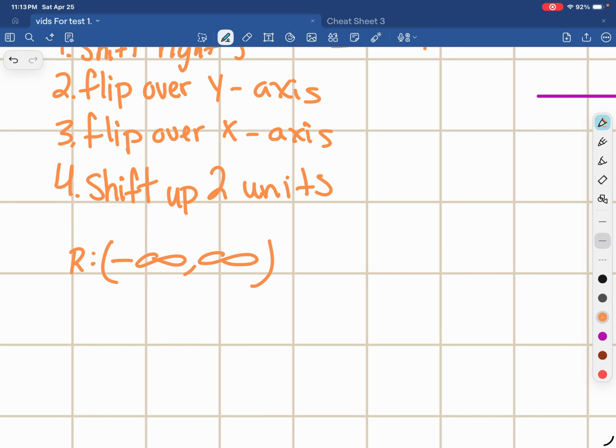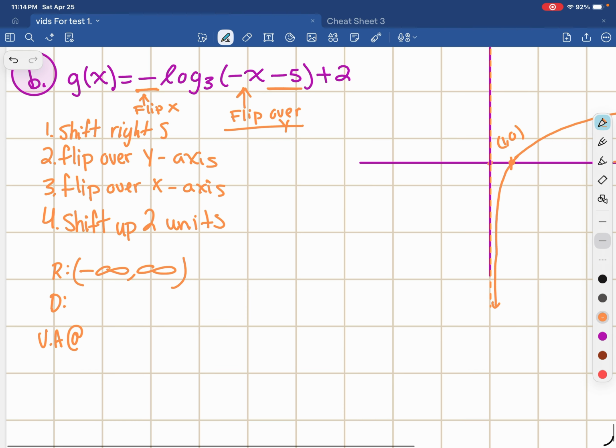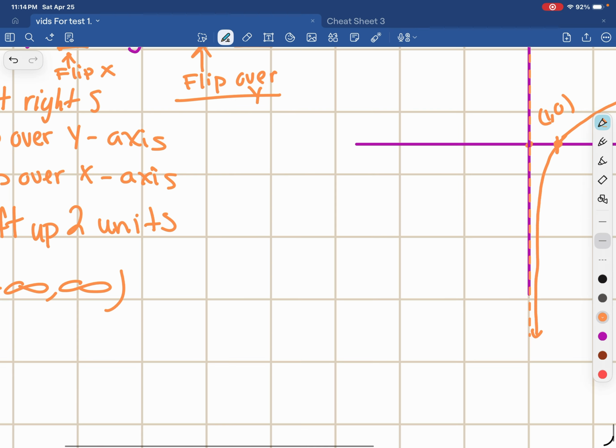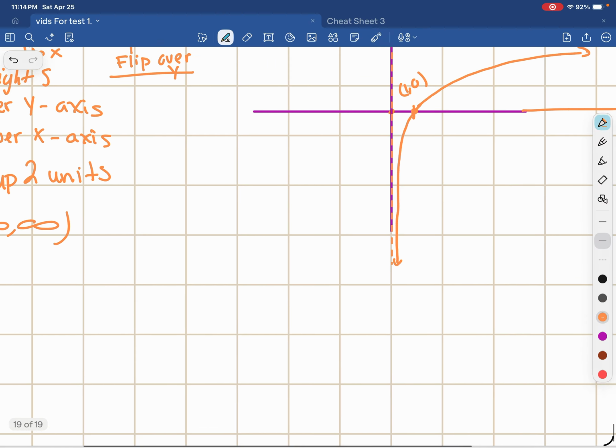That's the easiest one. Now let's talk about domain and vertical asymptotes. It gets a little tricky because we have a flip over the y-axis and over the x-axis, but we can do a little sketch on the side if we get confused, right? So right now we start off with this graph.